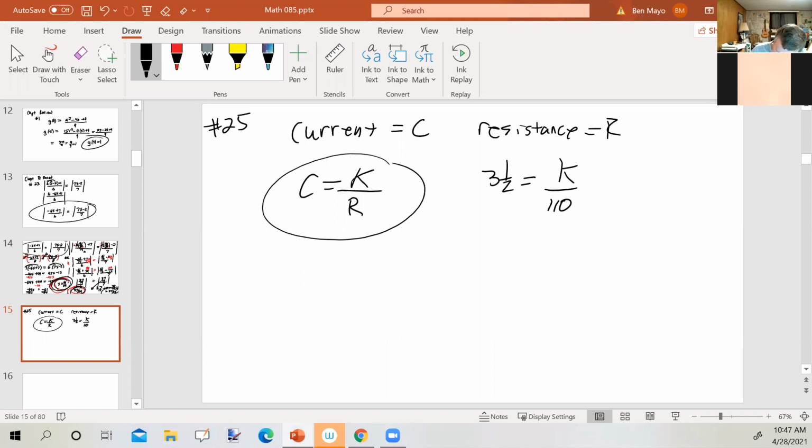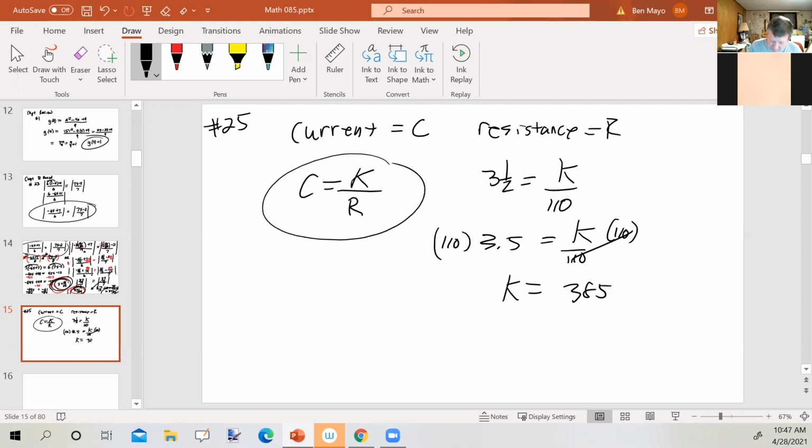I'm going to multiply both sides by 110 to solve for K. So 3.5 times 110 is 385. Okay, so now I've got C equals 385 over R.